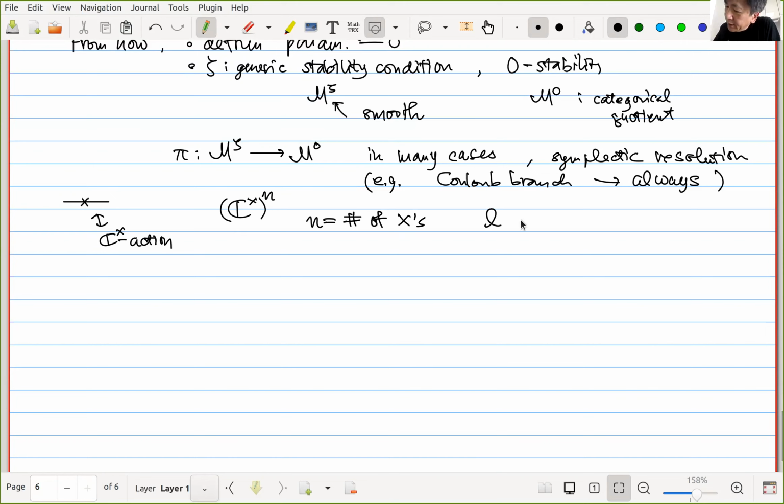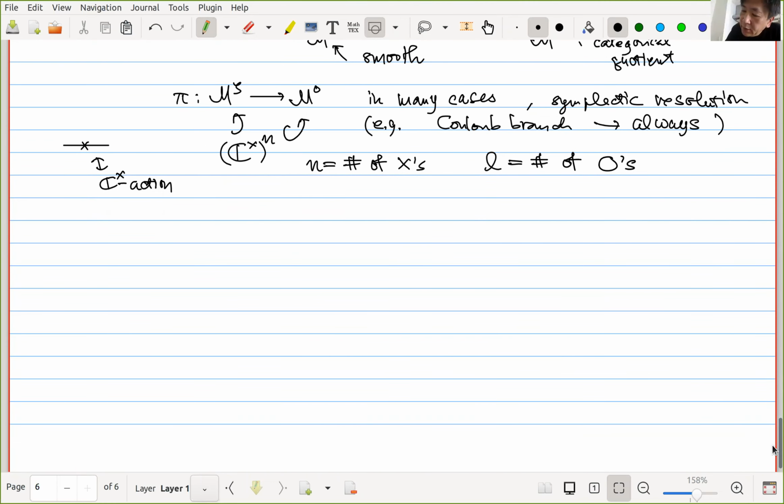And I denote by L the number of circles in both. So I have a Hamiltonian (S^1)^n action on M zeta and M0, and this morphism is equivariant.